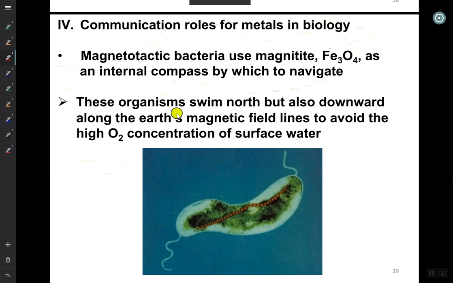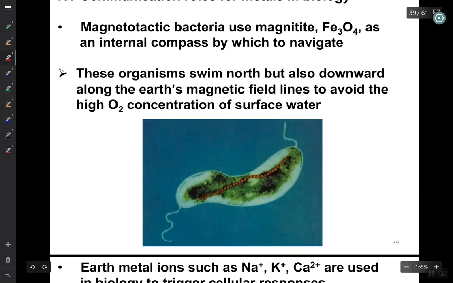These organisms swim north, but also downward along the Earth's magnetic field lines to avoid high O2 concentration of the surface water. And because O2 is actually toxic to these bacteria, they want to be able to avoid being exposed to O2. And I think this is an image of that bacteria, and you can see that in the internal space of the bacteria, you see these orange spheres, which I think is supposed to represent the magnetite.